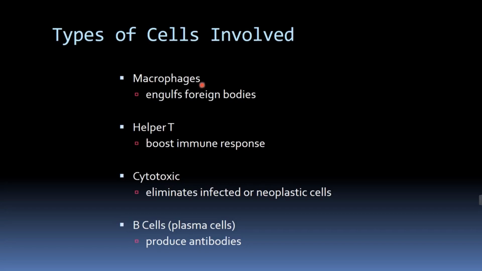And we have helper T cells, which help boost the immune response, and cytotoxic T cells, which eliminate infected or neoplastic cells. And we'll see how that plays out too. Don't forget, we have B cells too, and they differentiate into plasma cells, and they produce antibodies. And we'll see how that plays out very, very shortly.